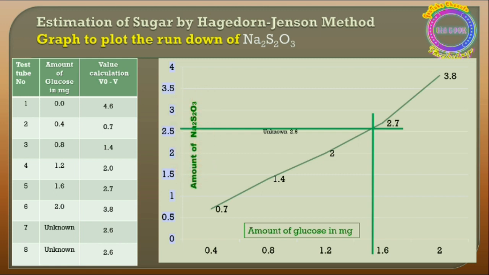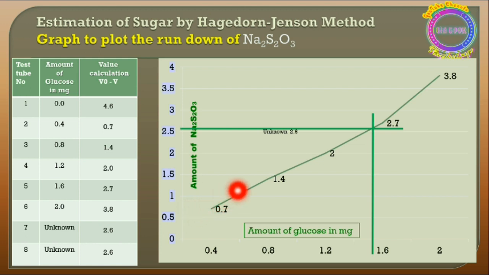As we are estimating the reducing sugar, we have to take the exact values present in the column on the x-axis. And for the sodium thiosulfate, we are going to take a particular range, can be 1, 2, 3, 4 ml, or whatever has been depicted here.